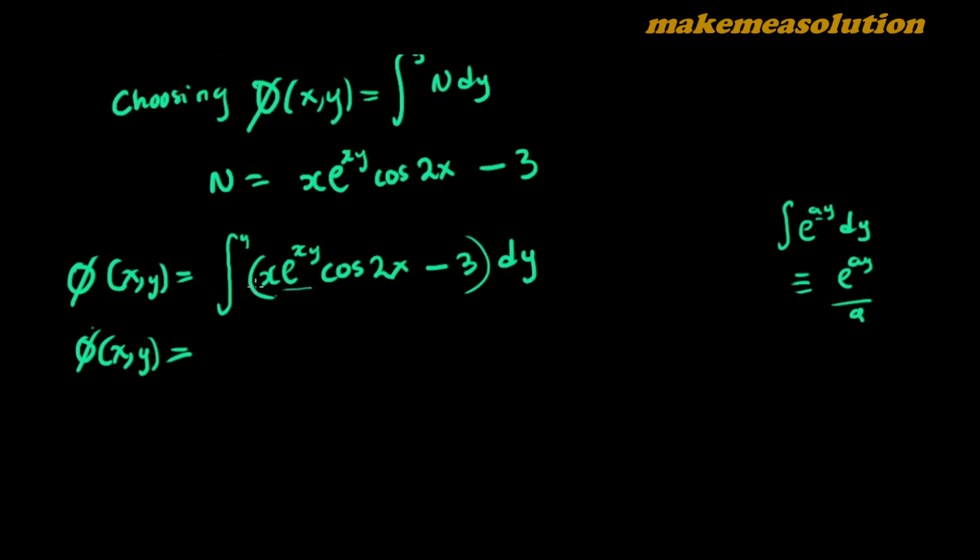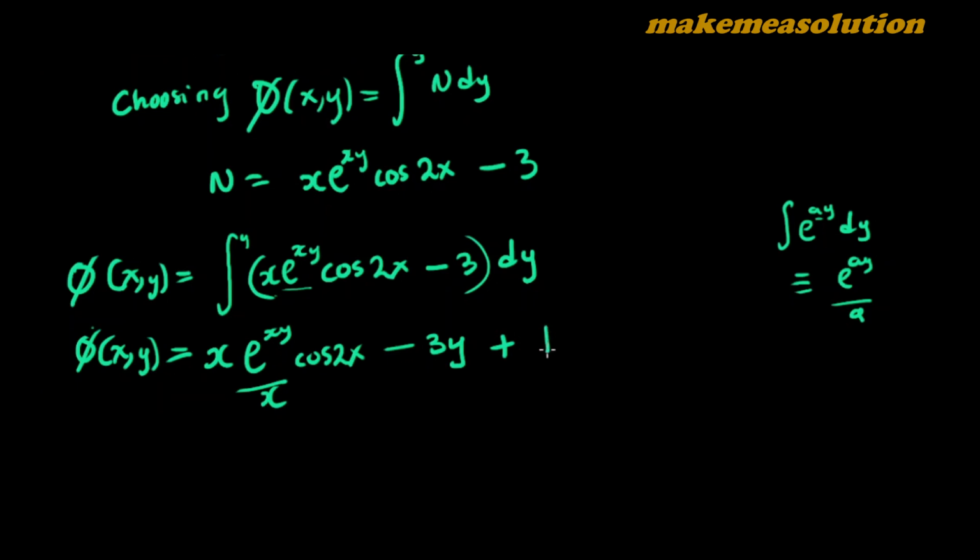You don't have to worry about x or cos 2x, they are both constants, so they will stay. So you have x, and you now integrate this particular term with respect to y, and you're going to get exponential xy over x, then cos 2x minus 3 with respect to y, right? So you have minus 3y in this case, then plus our constant of integration.